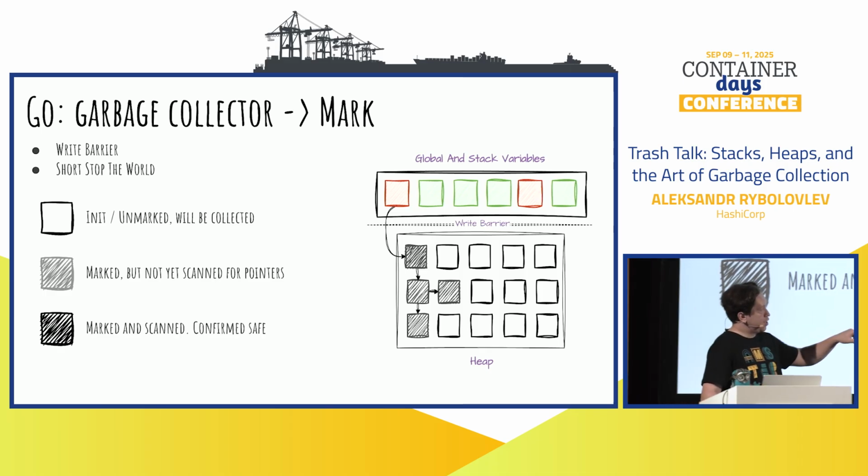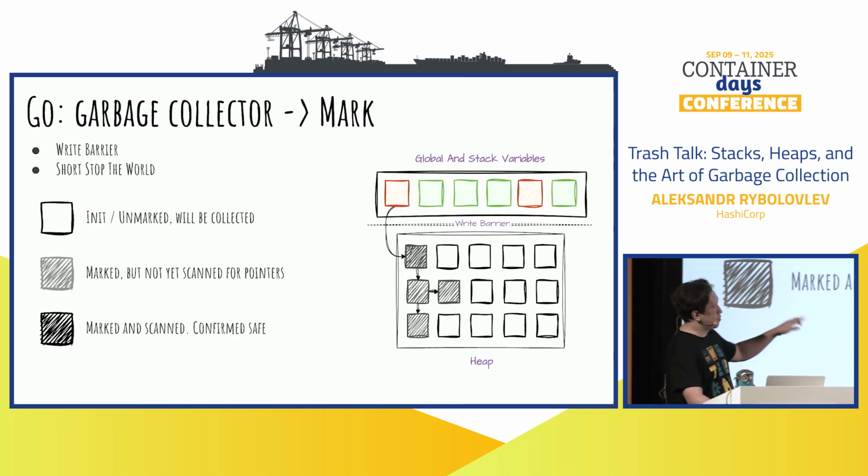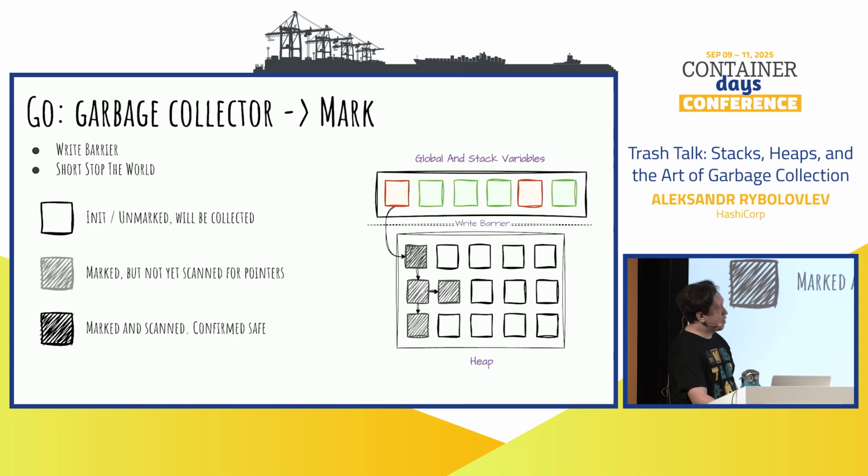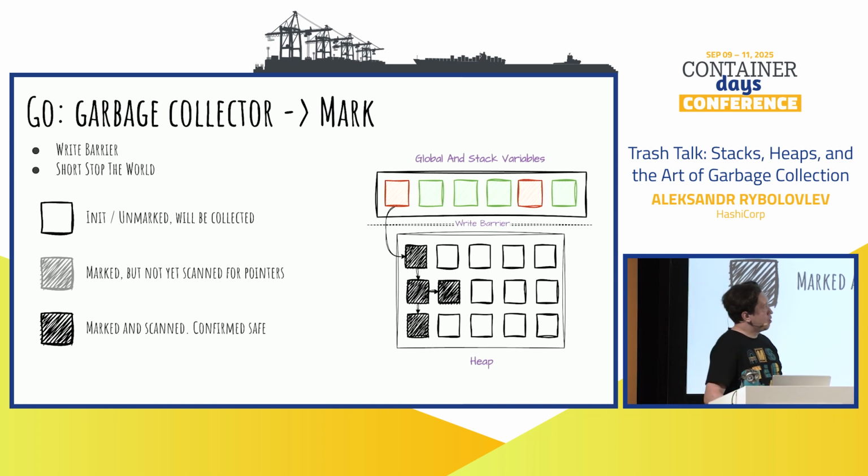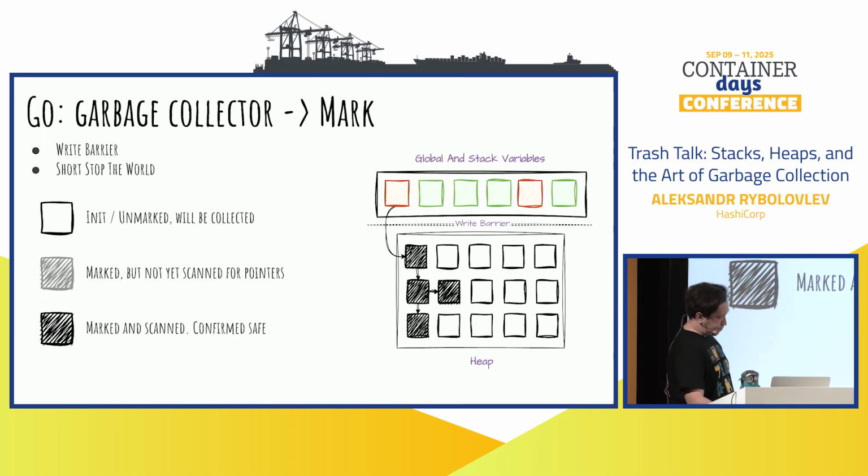Those children are scanned and marked as black because they don't have any other pointers. All the parent edges of this graph will also get a black color. So this is how it will look at the end of the mark phase.